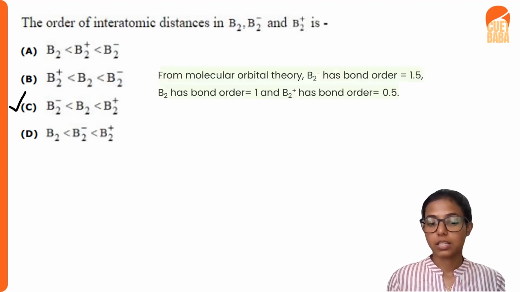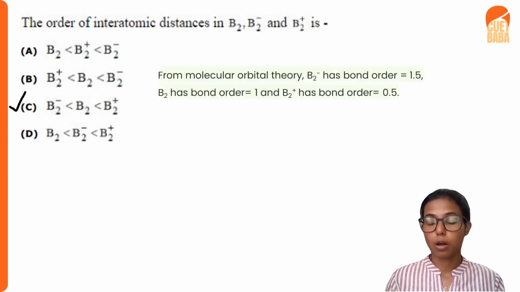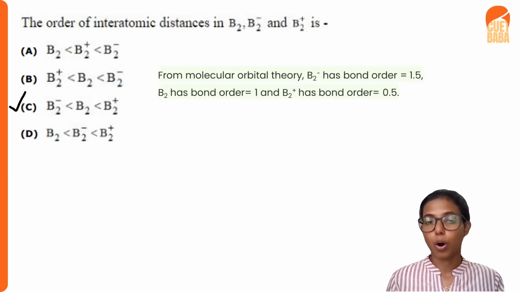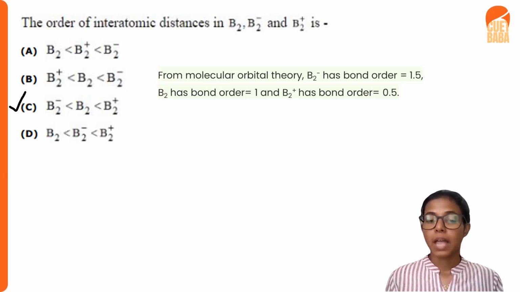So before answering this question, we should be familiar with the molecular orbital configuration of these three ions, and we can find the bond order by: bond order is equal to the number of electrons present in the bonding orbitals minus the number of electrons present in the antibonding orbitals, divided by 2. When we do that for all these three molecules, we will get the bond order of B2 minus as 1.5, bond order of B2 as 1 and bond order of B2 plus as 0.5.